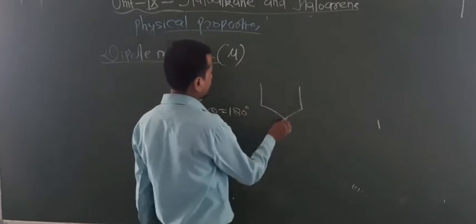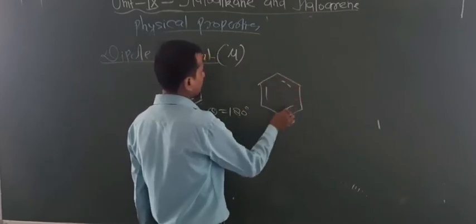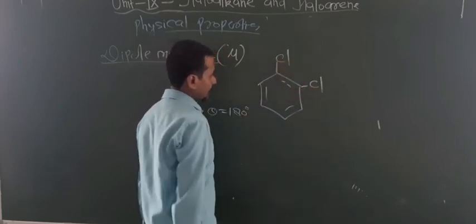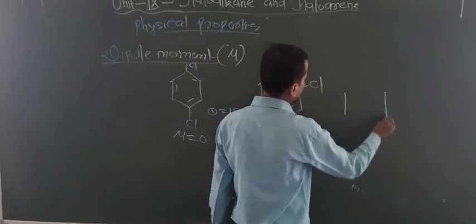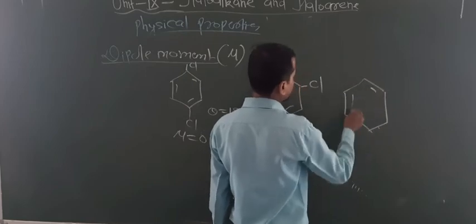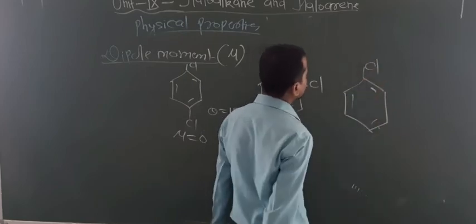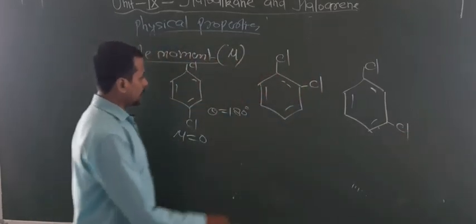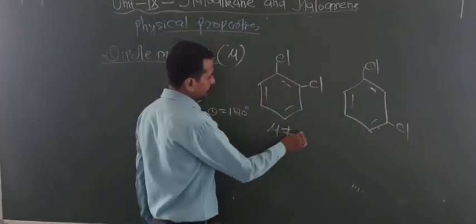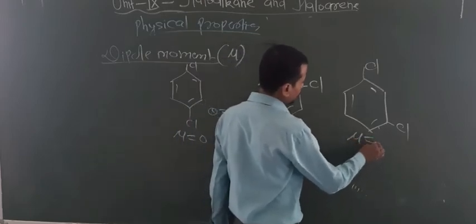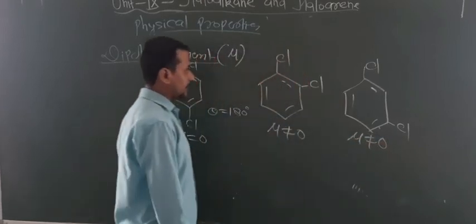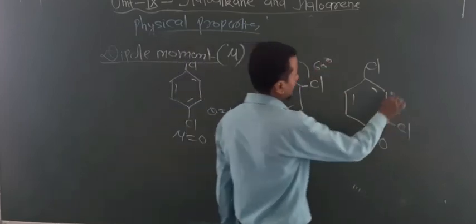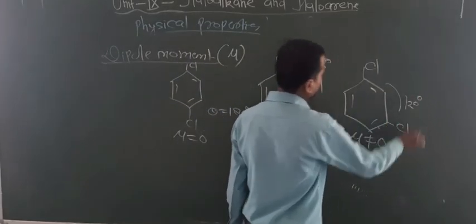Now ortho has more dipole moment than meta. So they do not have 0 dipole moment. This also does not have 0 dipole moment. If you think about that, the bond angle here is nearly 60 degrees, and this has nearly 120 degrees.